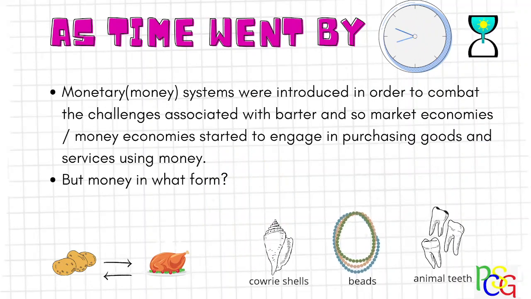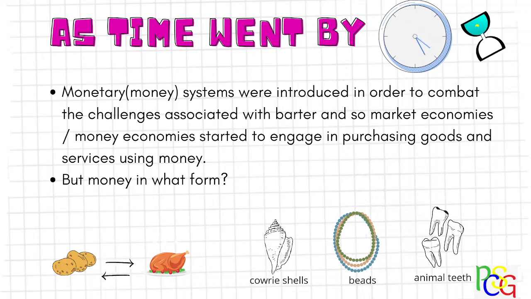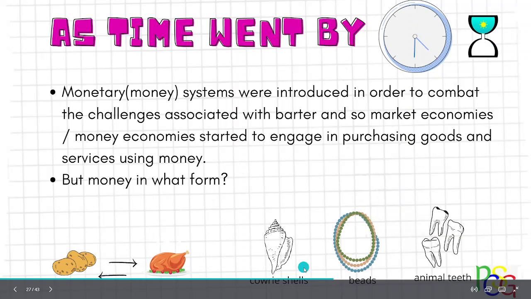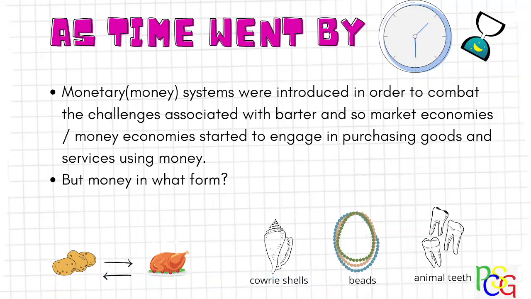Monetary systems were introduced to combat the challenges associated with barter, and market economies started purchasing goods and services using money. But in what form? As we can see here, they used cowrie shells, beads and animal teeth. These items were small, they were divisible, and they did not spoil quickly.